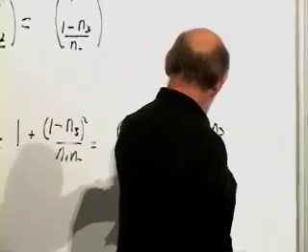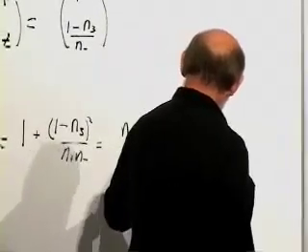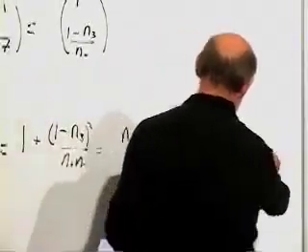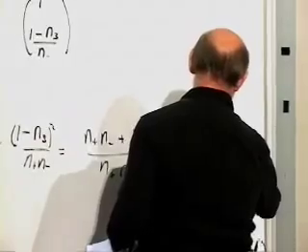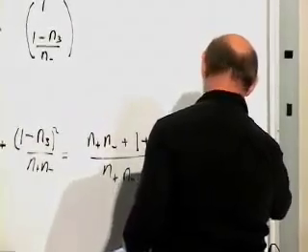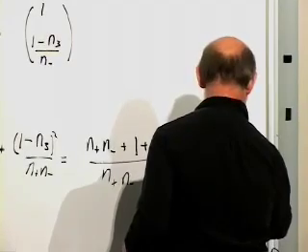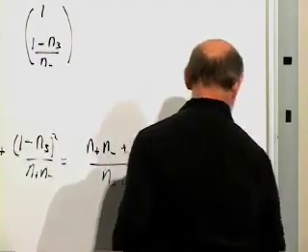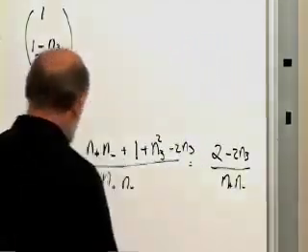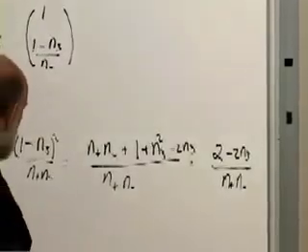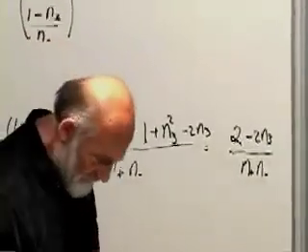The n3 squares cancel, the 1's add, and you get 2 minus twice n3 over n plus n minus. Is that right? I think that's right.